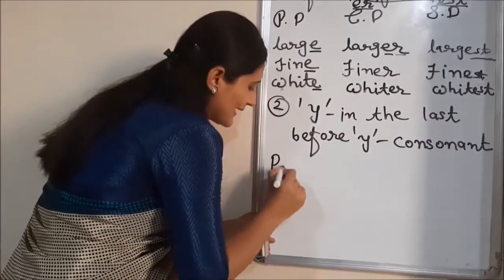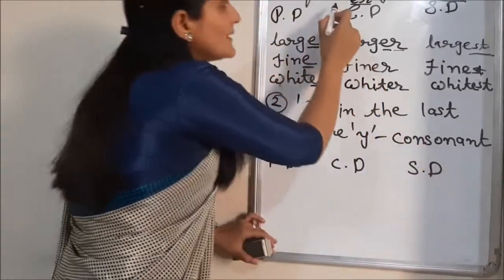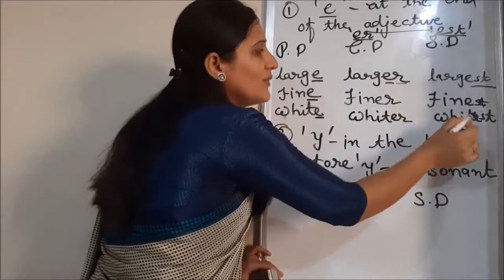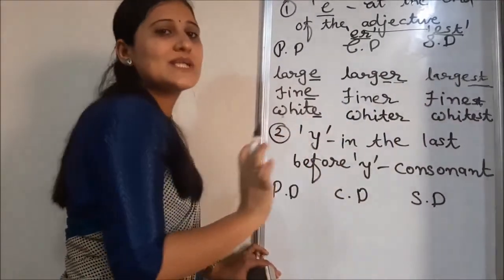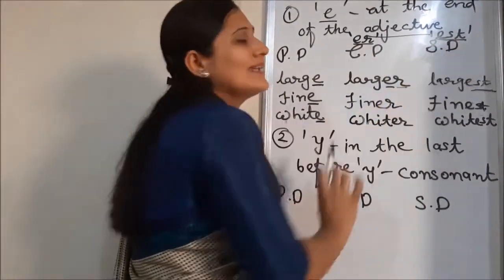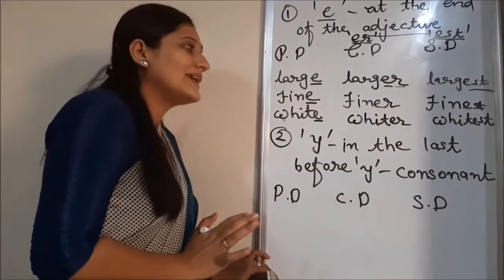Let me write examples. See, first rule: E is given last, we will add R in comparative and ST in superlative. But generally, in comparative we will add ER and in superlative we will add EST, right? And we will follow other rules that I discussed.